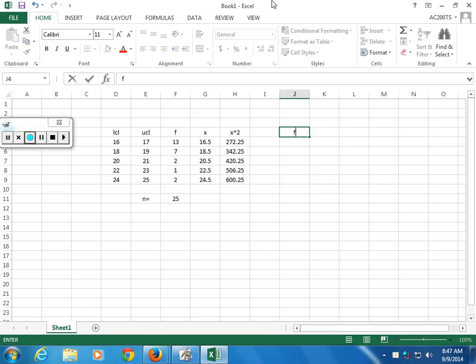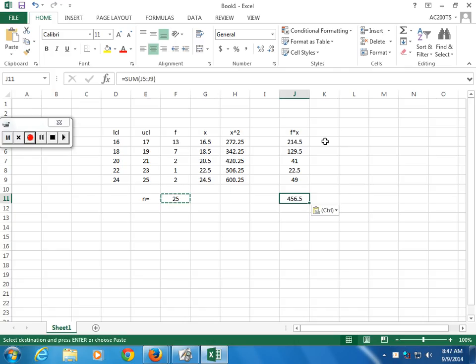F times x be right here, and I usually skip a column so that way I don't get anything confused. Equals this guy times, which is shift 8, and this guy, and that, Control C, Control V, and there's that. Move it over for you.